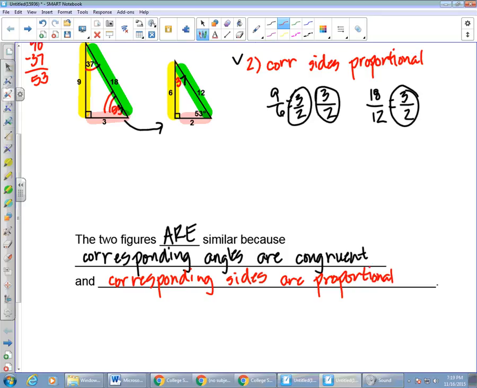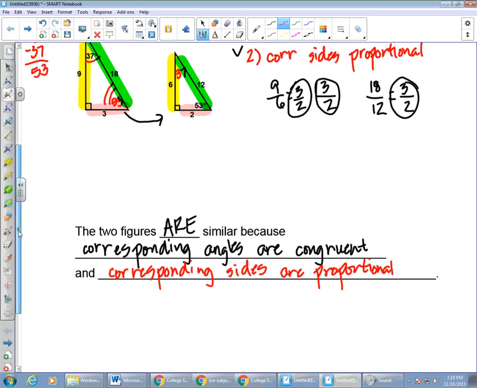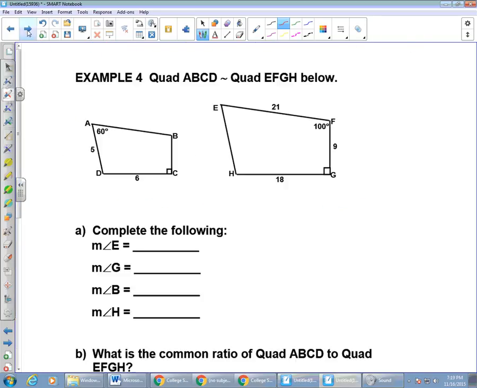Okay. So when we're checking for similarity, those are the two things that we're checking for.